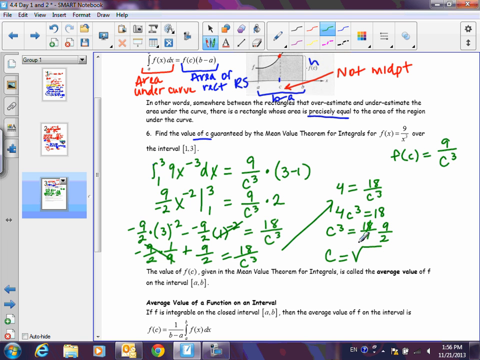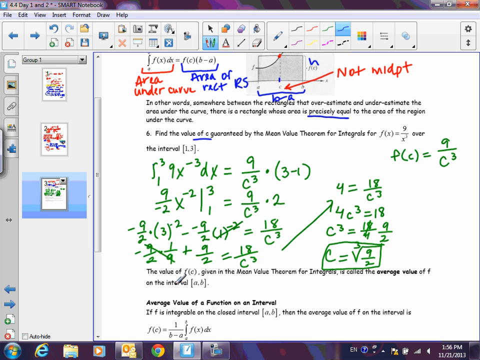The cube root of 9 over 2, and we're definitely going to leave our answer like this. If 9 or 2 were perfect cubes, you could simplify, but we're not going to simplify that radical. Having a 2 in the denominator is totally fine. If this were a problem where we needed to use that value, we may want to use the decimal version and store it in our calculator.